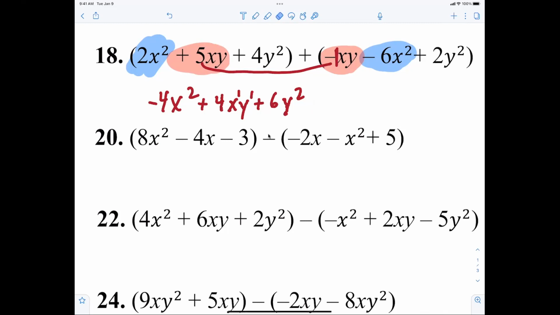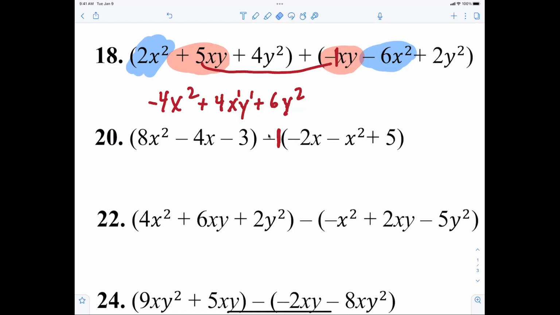All right, now everybody put a star by number 20. What's the difference between 18 and 20? There's a subtraction. We're not adding. So we're going to change the subtraction to what? Addition by distributing a -1. We are going to distribute a -1.